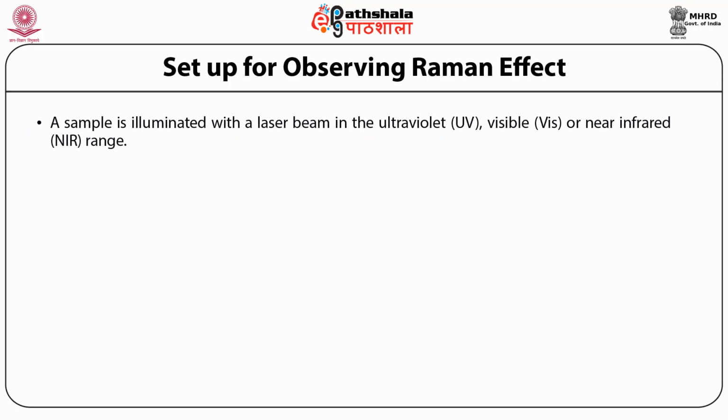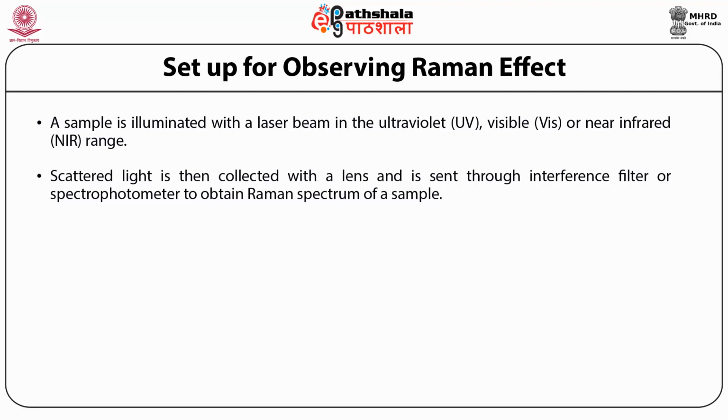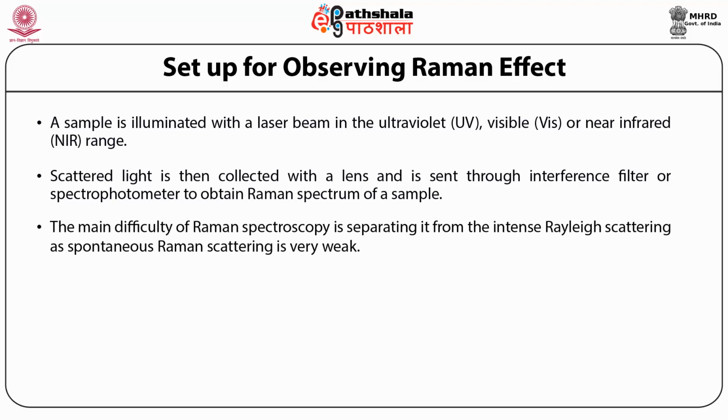A sample is illuminated with a laser beam in the ultraviolet, visible or near infrared range. Scattered light is then collected with a lens and is sent through an interference filter or spectrophotometer to obtain the Raman spectra of the sample. The main difficulty of Raman spectroscopy is separating it from the intense Rayleigh scattering, as spontaneous Raman scattering is very weak.